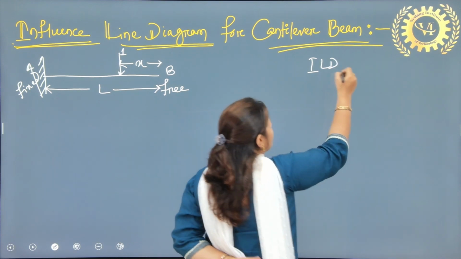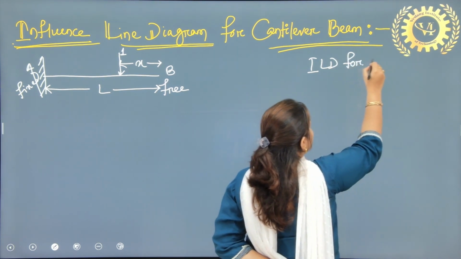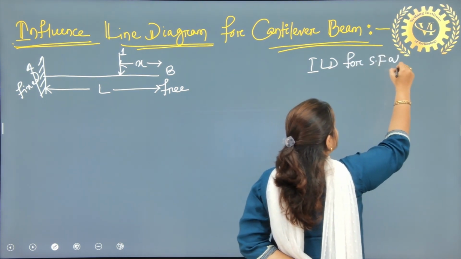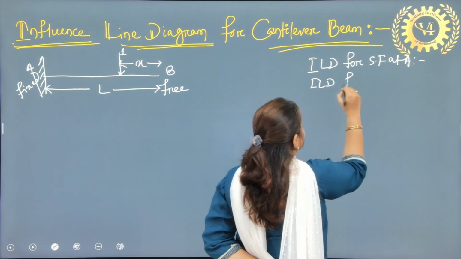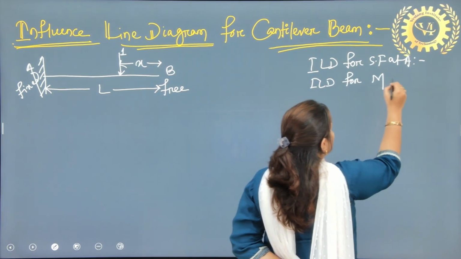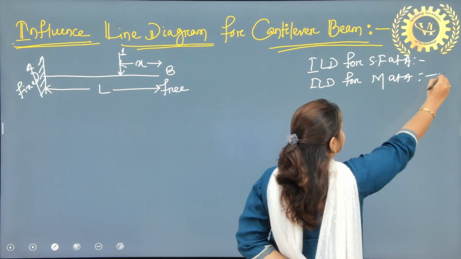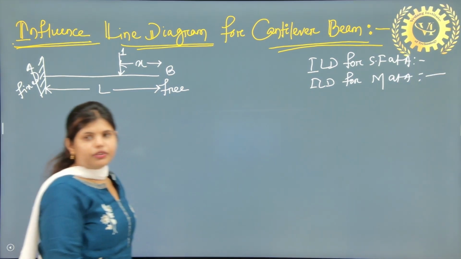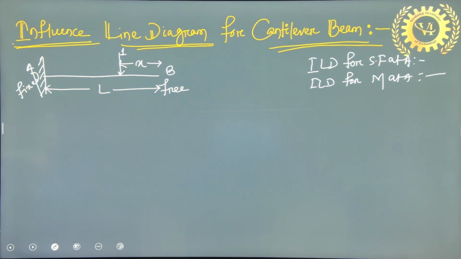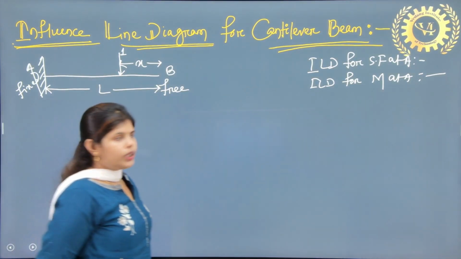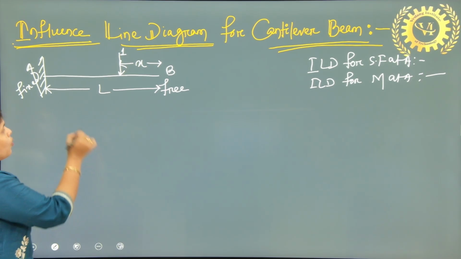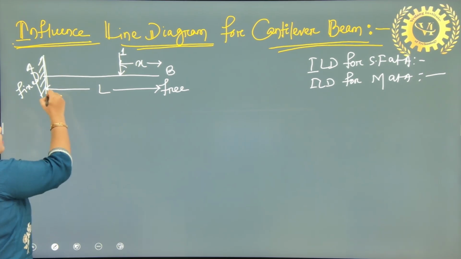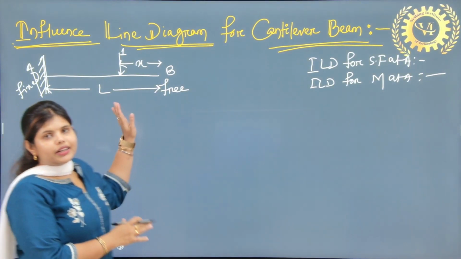First we will draw the ILD for shear force at A, then the ILD for moment at A. We need to find these two things. We know that in case of a beam where the support stands, the reaction will come at that place.